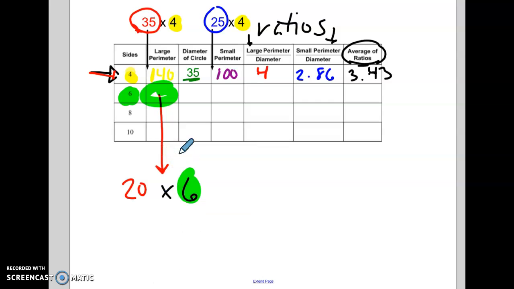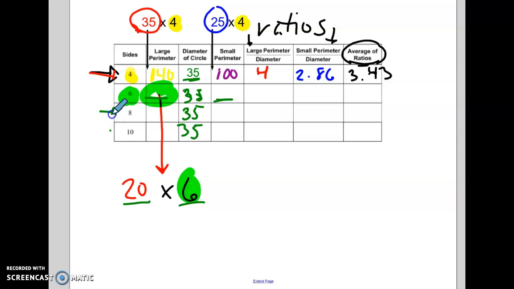Luckily for you, the diameter of the circle is going to be the same for each of these. So 35, 35, 35. Your perimeters are going to change, but the process is the same. Take the length of the side, multiply it by how many sides there are. That's going to be true for the large and the small, and it's going to be true no matter how many sides you have.